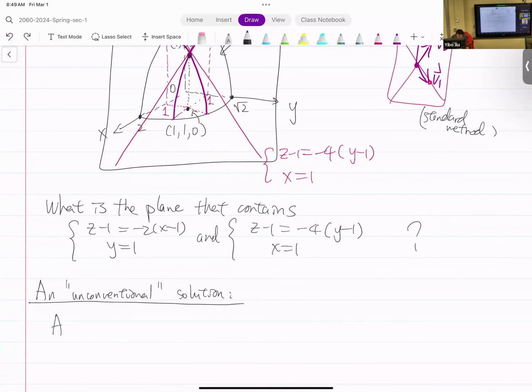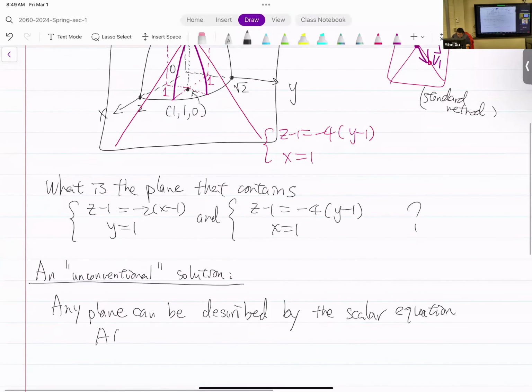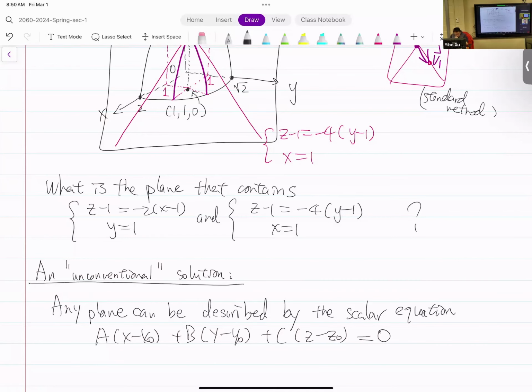We know that the plane can be described by the scalar equation, which is a times (x minus x0) plus b times (y minus y0) plus c times (z minus z0) equals 0.